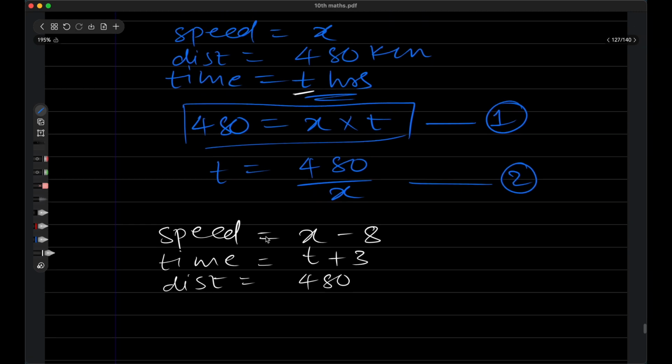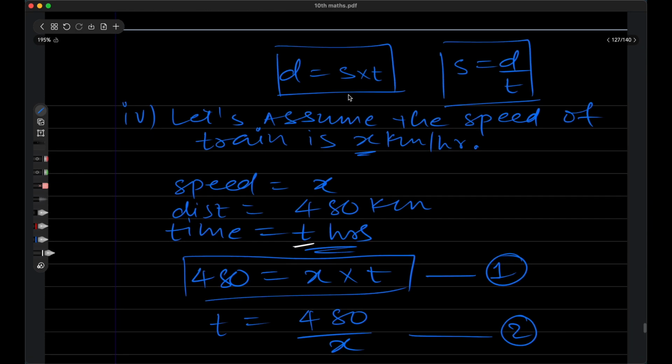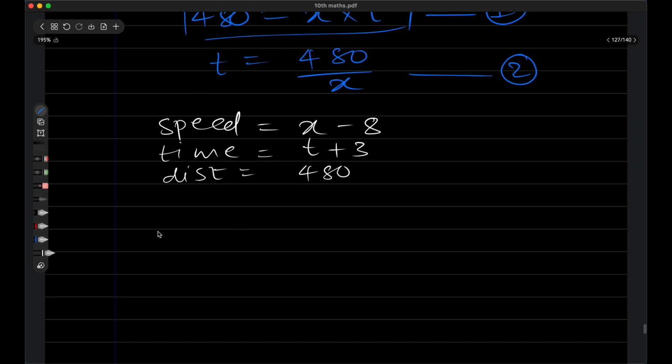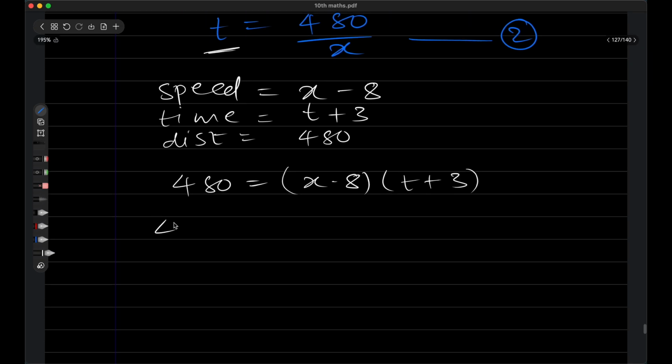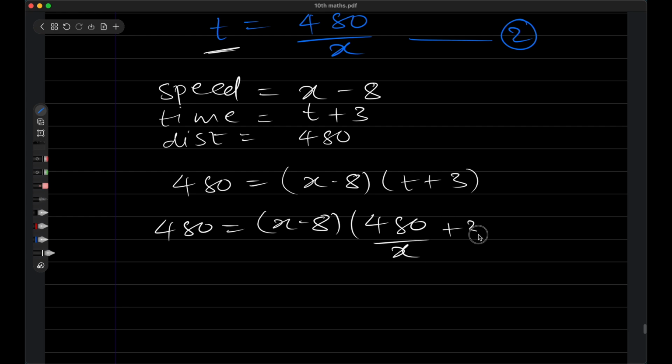Now if we make the equation, distance equals speed into time, 480 equals (x minus 8) into (t plus 3). Put the value of t from equation 2. We have 480 equals (x minus 8) into (480 upon x plus 3), because of equation 2.